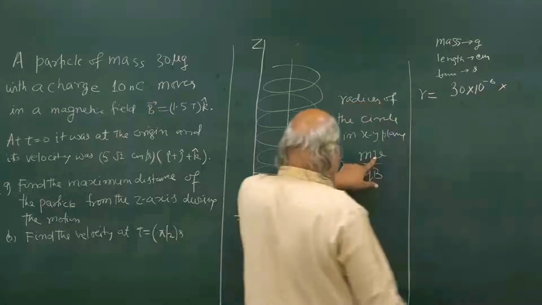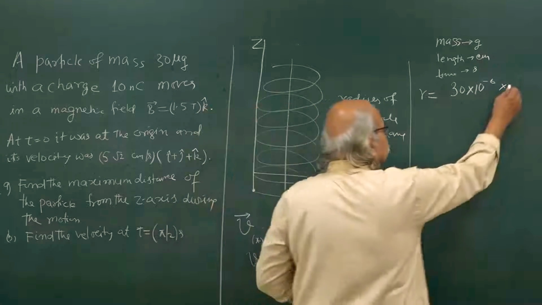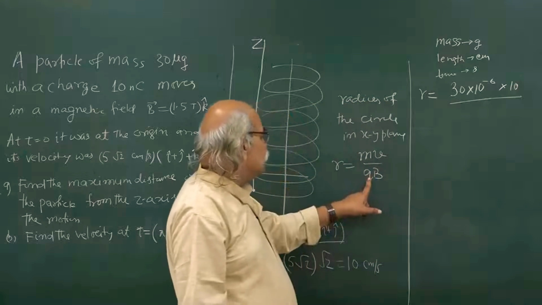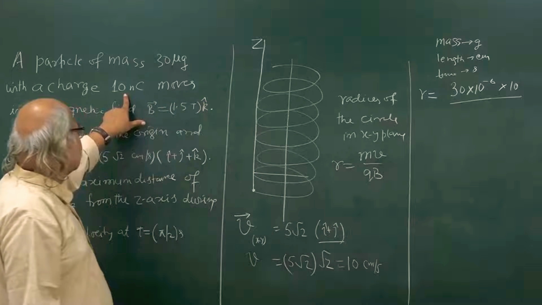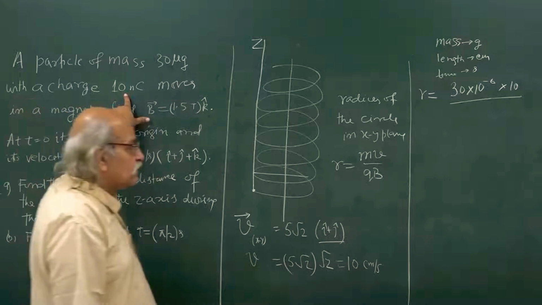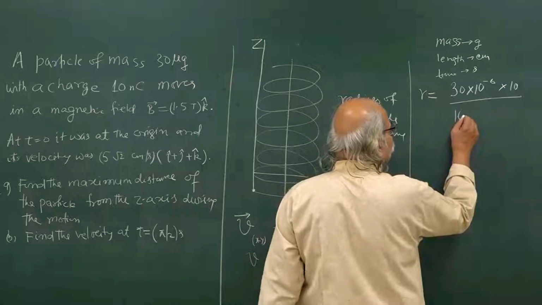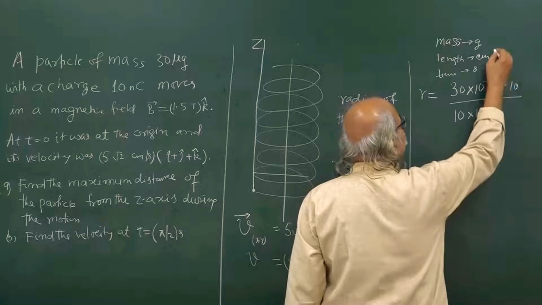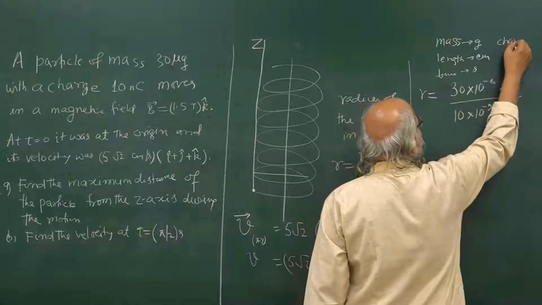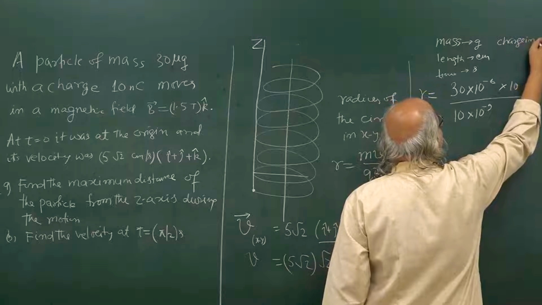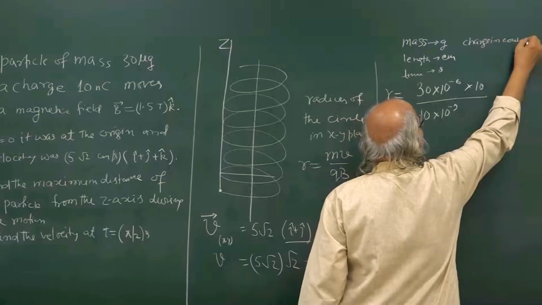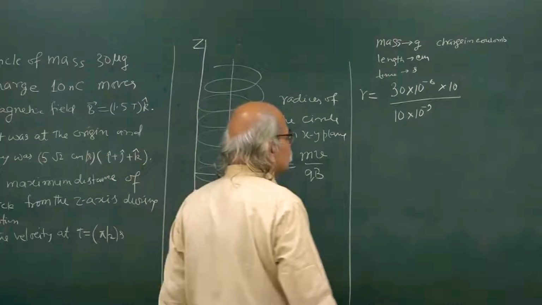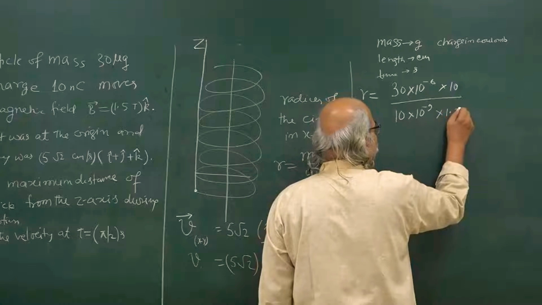Into V, V is 10 centimeter per second, and then divided by Q. The charge is given, 10 nano coulomb, so 10 power minus 9 coulomb. The charge is in coulomb. And then you have B, which is 1.5 Tesla.